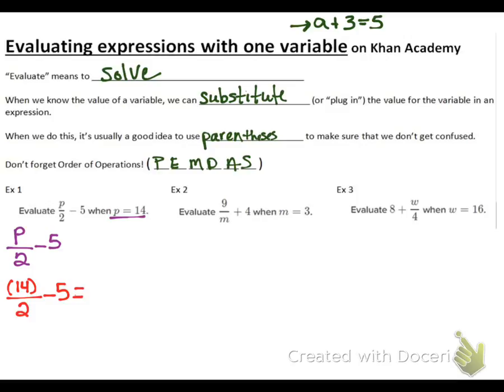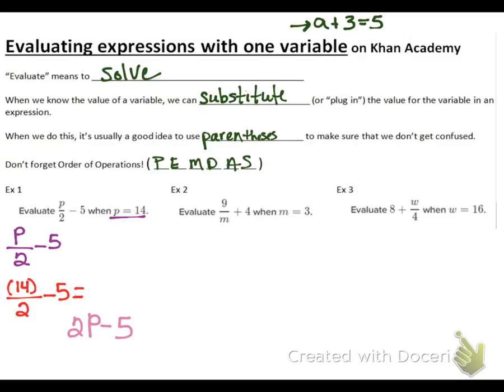Okay, so the reason why I'm putting parentheses in, don't write what I'm writing in the pink right now, but I want to explain why. Let's say I had 2P minus 5. 2 next to the P means what operation you can do?